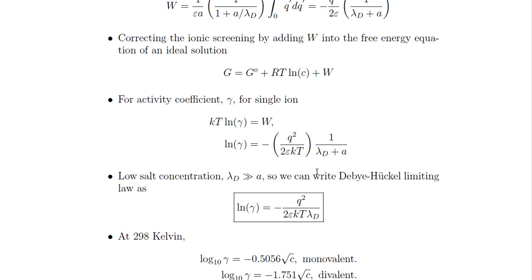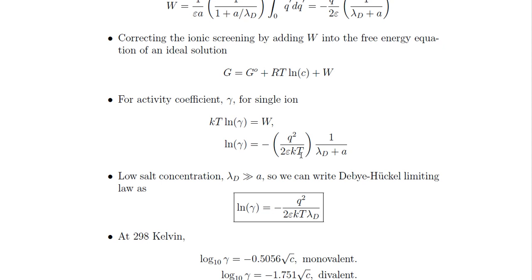At the lowest concentration, lambda D is greater than a, so the screening length is greater than the spherical radius, and we can write this Debye-Hückel limiting law as this equation.